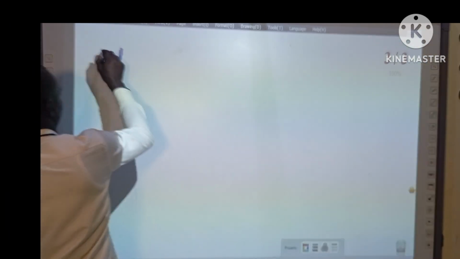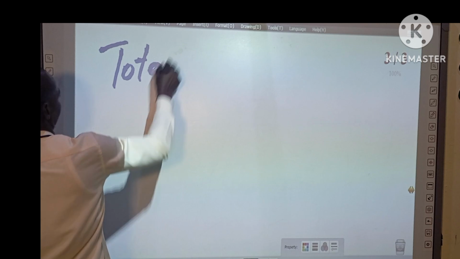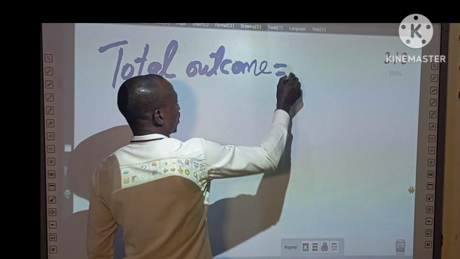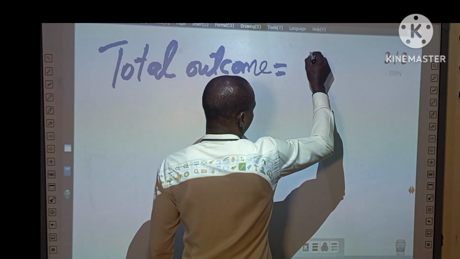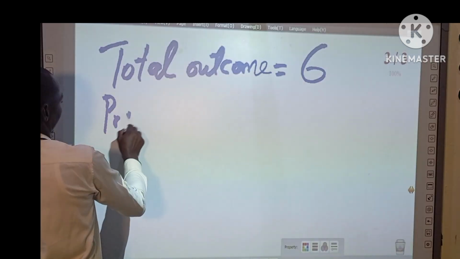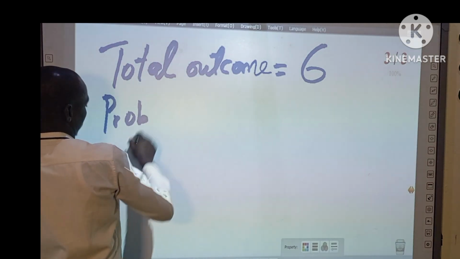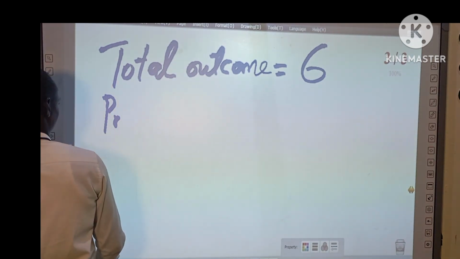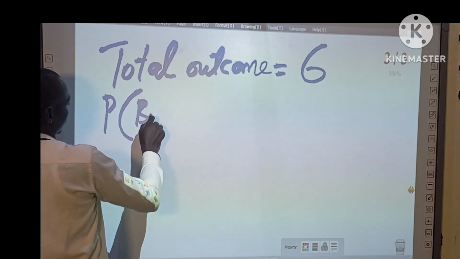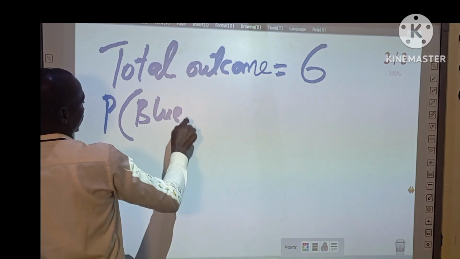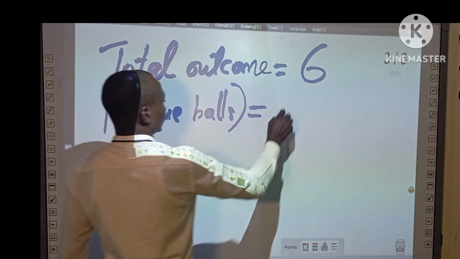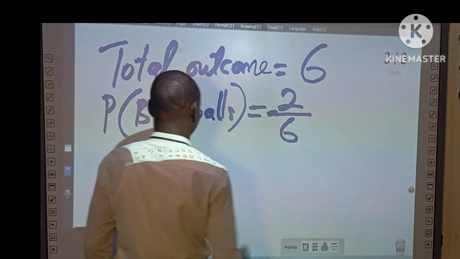So total outcome is equal to 6. Probability of blue balls will be equal to 2 over 6.